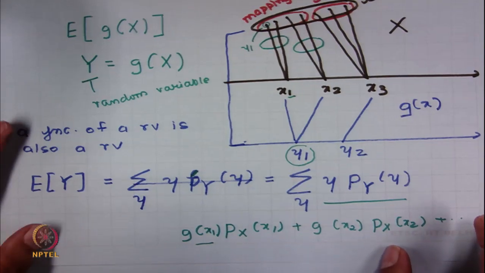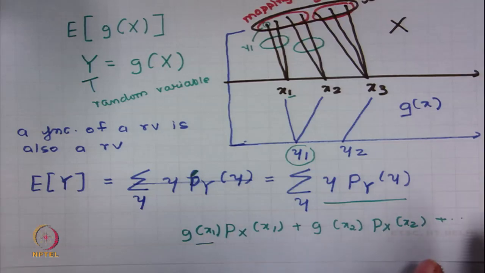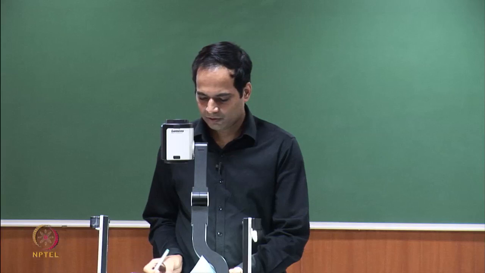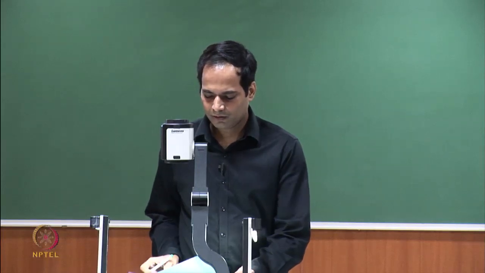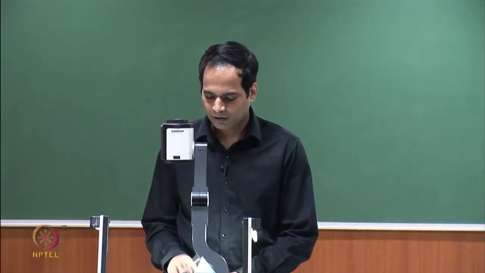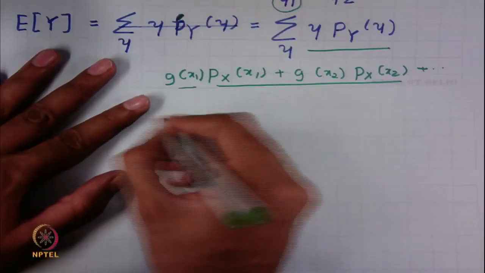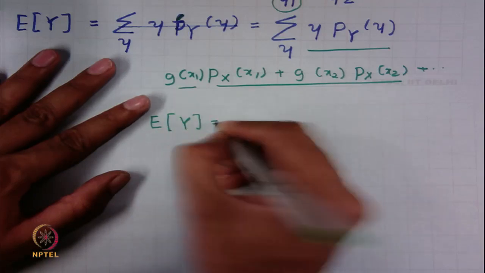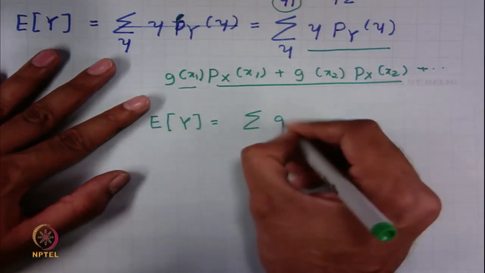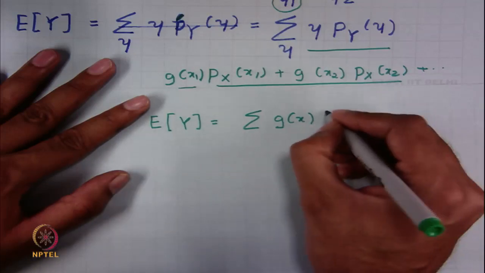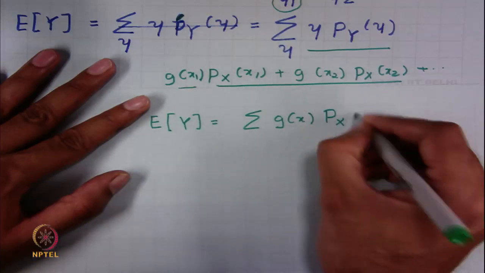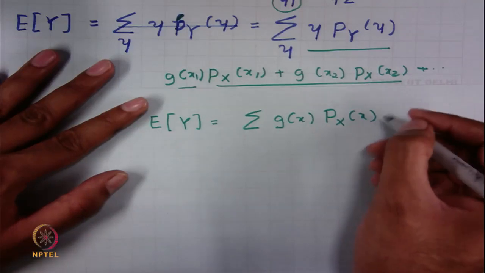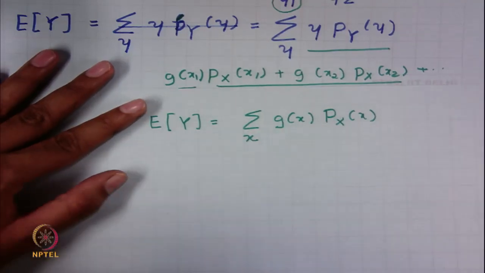In the end, starting with this expression, the expected value of Y is nothing but the summation of g of x times p of x, the probability mass function of X, over all possible values of x.